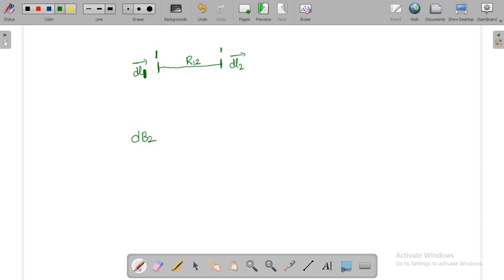From Biot-Savart's law I can write dB2 bar as mu naught into the magnetic field due to the second differential element. So I need I2 dl2 bar cross r. This is the final point and this is the initial point, so I can write r21 bar.